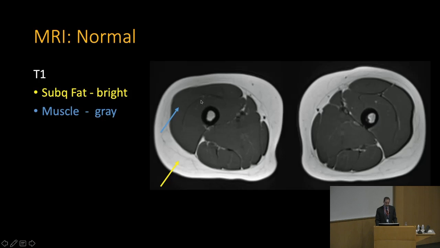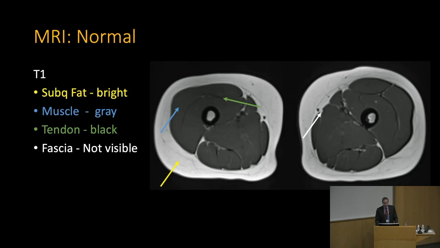Muscle, again, has sort of this grayish look, and when we show cases of advanced disease, fatty infiltration of muscle is very readily detectable in MRI because the new fat in the damaged muscle will have this bright signal. So that's what we look for when we're trying to diagnose atrophy and fatty infiltration. And again, tendons are black. Fascia is often not visible, as we said, even on T1 when it's normal.